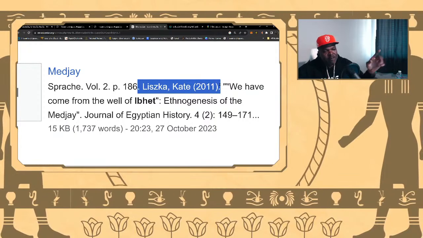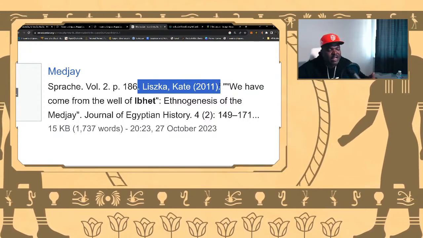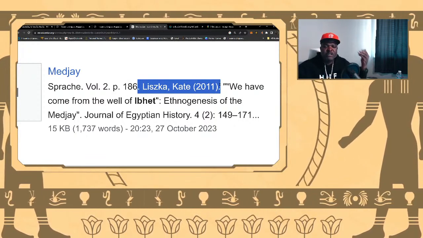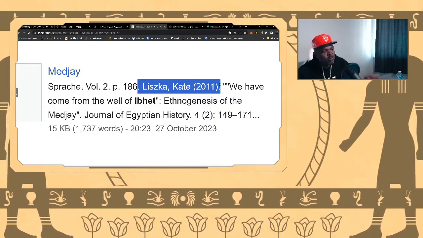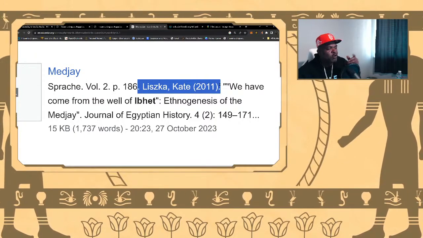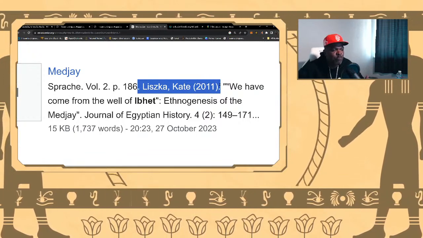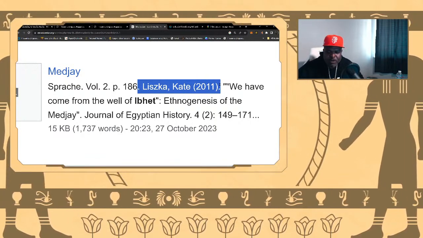So again, about this attestation on the screen, we have come from the well of Abet. That is not Asha'at and Mentuhotep's people. When we put these two attestations together, we start to learn what was happening. So these were some starving Magi women with a few of their men. I think it was a collection of 7 of them in total.